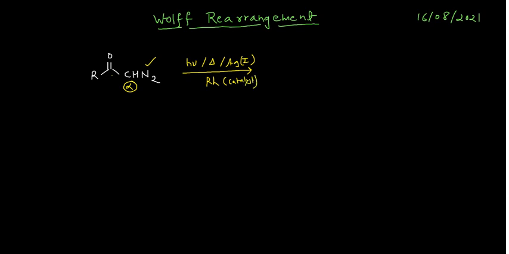When you do this reaction, it immediately converts into your ketene. The formula for the ketene is RCH double bond C double bond O, and the nitrogen will be removed from here as a gas, which will increase the entropy of the system. So this can be considered the driving force of the reaction. This is your Wolff rearrangement.